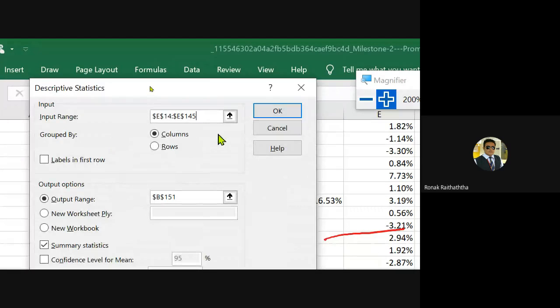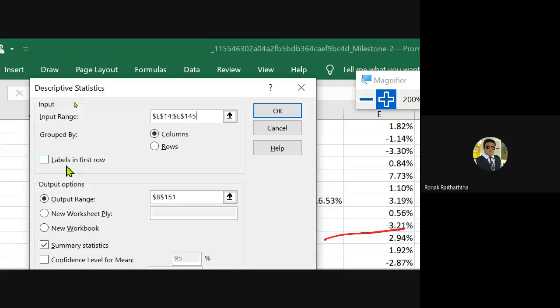Then you may go to, yes, whether the data is grouped by columns or rows. We would by default select columns because the data is given vertically, not horizontally. If the data had been given horizontally, we would have taken rows over there. Now, Labels in First Row, that you will have to tick when you have taken the heading as well.